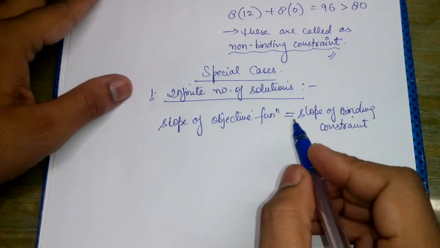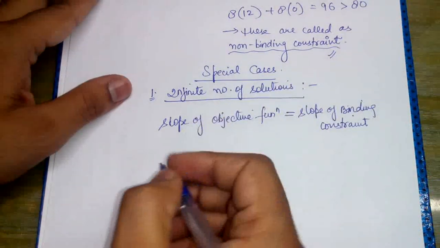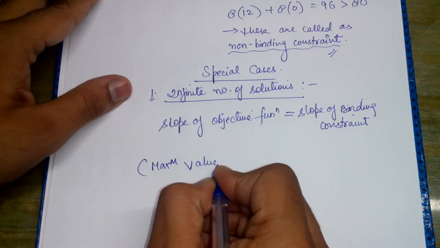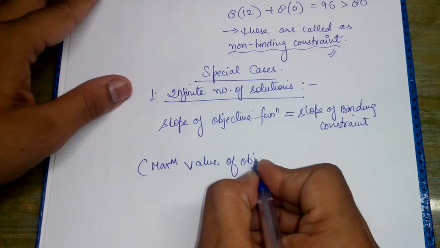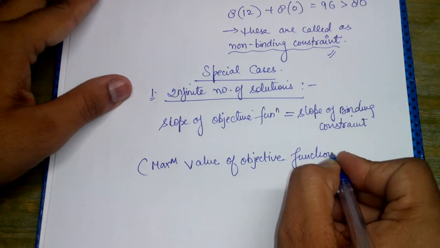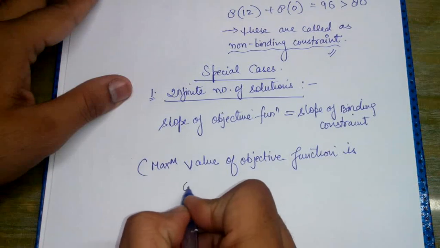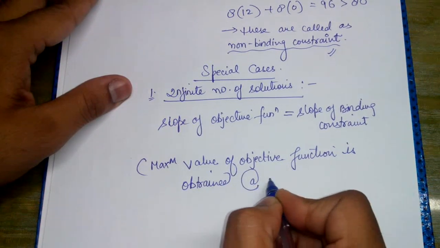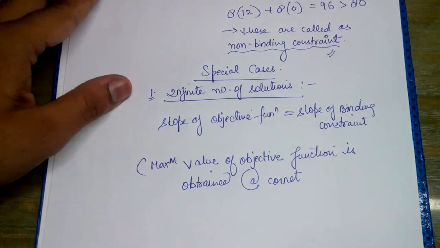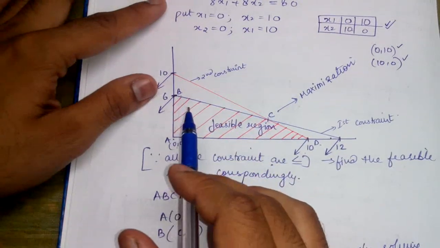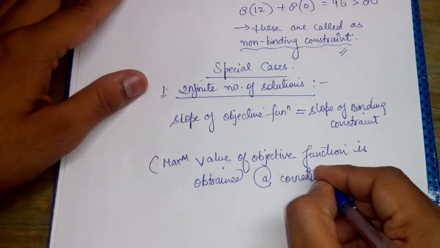Generally, we have to remember one thing, that the maximum value of the objective function is obtained at the corner points of the polygon. The polygon that we have obtained here is A, B, C, D. So we will obtain the maximum value generally at the corner points.